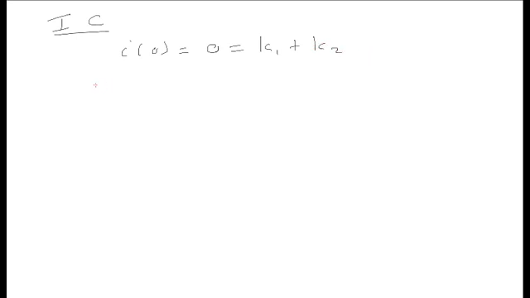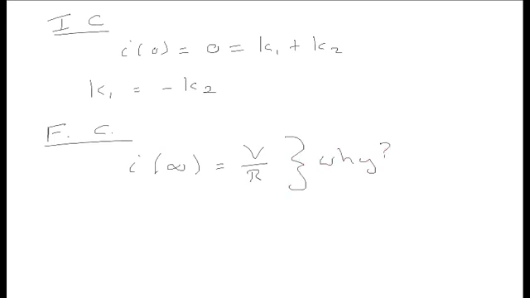So like with the capacitor, k1 is negative k2. Now, we need to use our final conditions, FC. And I'm going to make a claim that we'll talk about. I of infinity equals V over R.